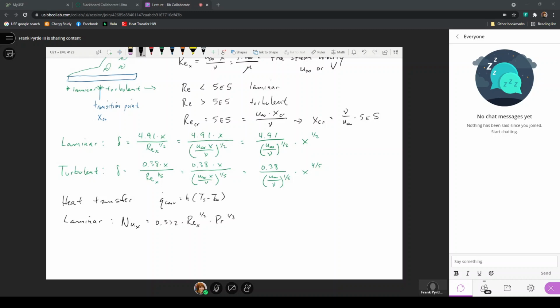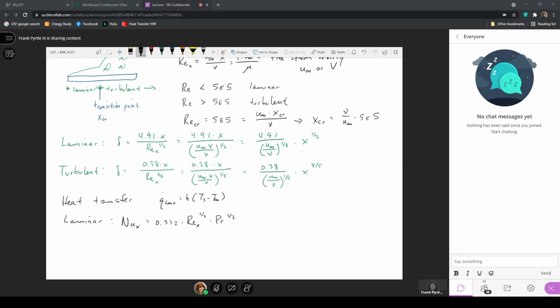And when I presented the Prandtl number the last time, the Prandtl number is the kinematic viscosity divided by the thermal diffusivity. So it's an indication of how well the fluid diffuses momentum compared to how well it diffuses thermal energy. So this is a dimensionless expression. So there are no units associated with any of these parameters.